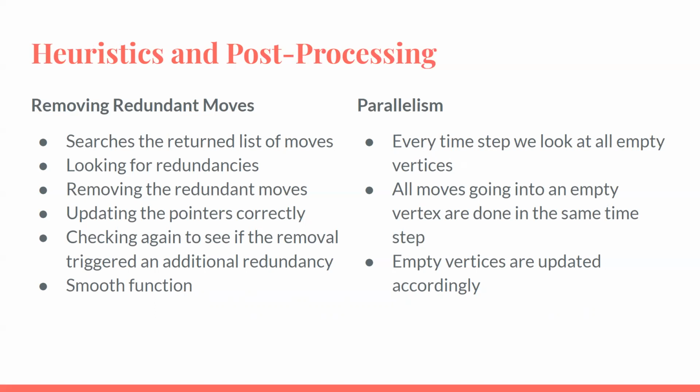That would be considered a redundancy. So we'll scan back over our pi and search for redundancies and we'll remove them, and then we'll update the pointers correctly so that pi is still correct, and then we will check again to see if the removal of that redundancy had actually triggered an additional redundancy. This is all done within the smooth function.